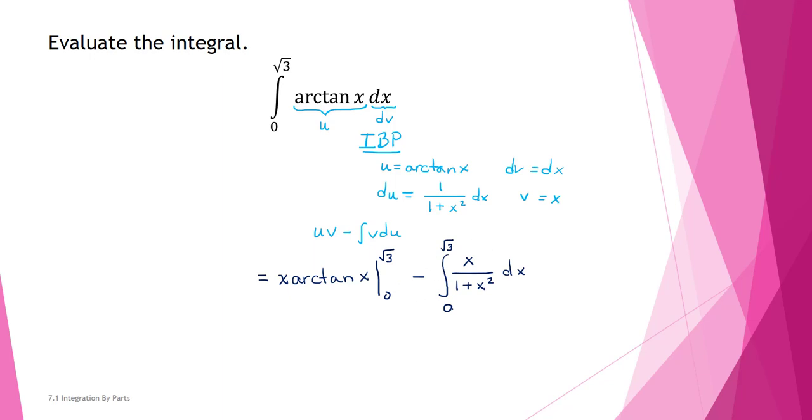Now we have this integral remaining. This integral, we can just do a u substitution. We're going to let u be 1 plus x squared, and then the x and the dx will take care of our du. I'm just going to let you know what we get there.